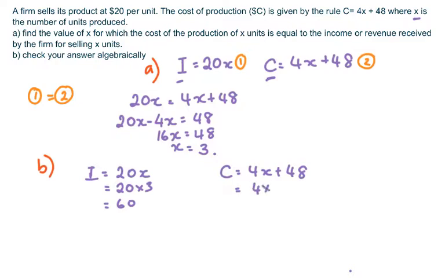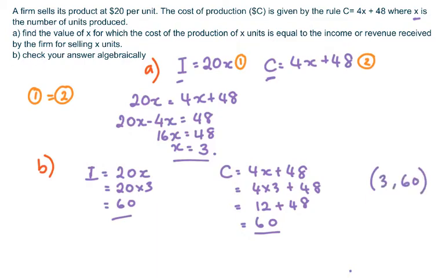So 4 times 3 plus 48, and we do BODMAS, so 4 times 3 is 12, and 12 plus 48 is 60. As you can see, both formulas equal 60, which means they both intersect at x equals 3 and y equals 60. This is the break-even point, so the answer would be (3, 60).